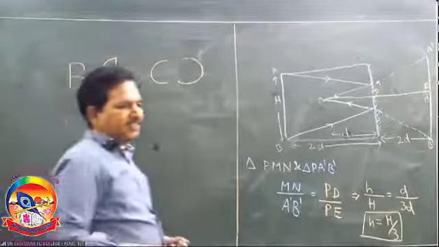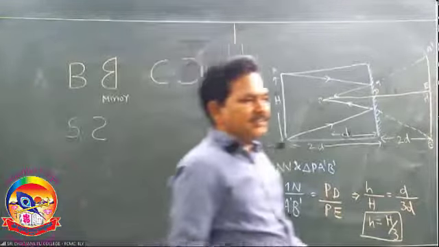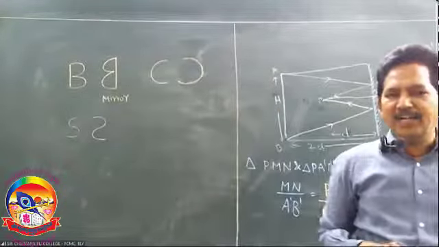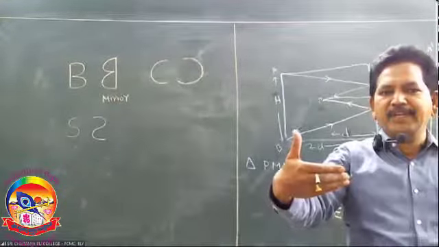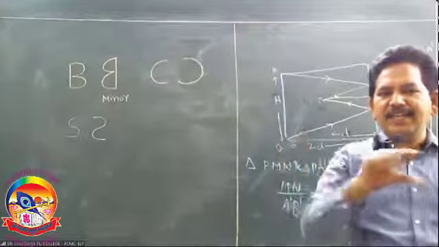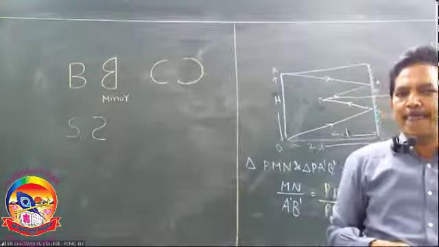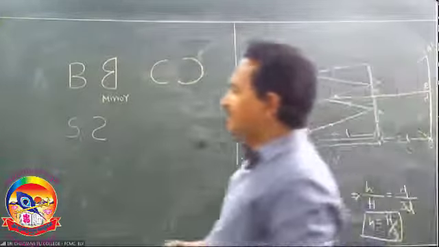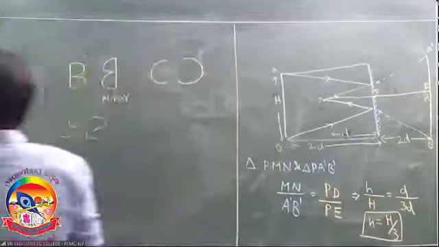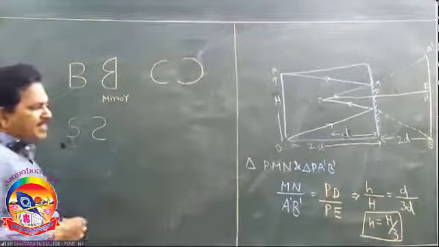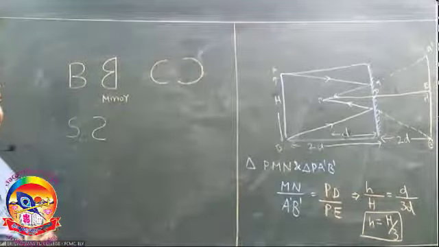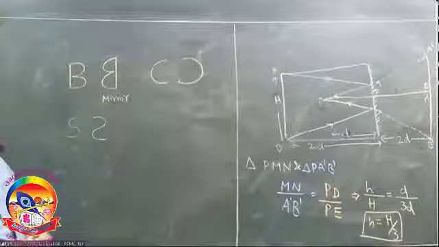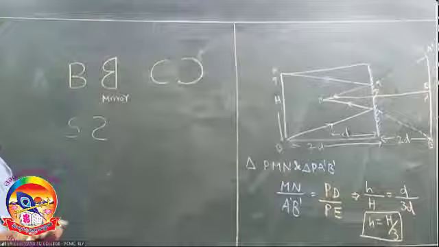Already discussed: on the ambulance, the word ambulance is written in reverse order. Once we see it in the mirror, it appears correct, ambulance. This is the reason. So what is the result? Whenever an image is seen inside the mirror, laterally it is inverted. Lateral means sidewise.